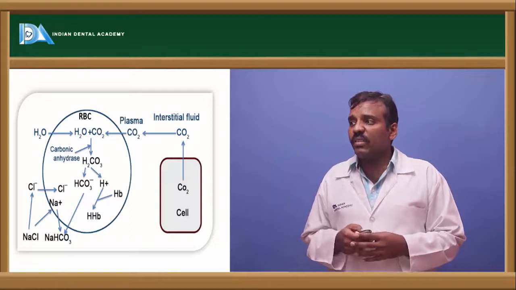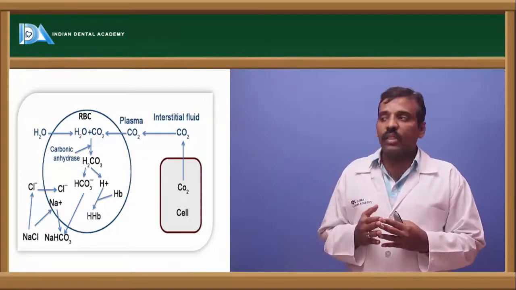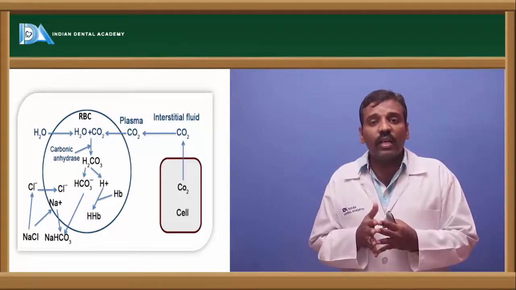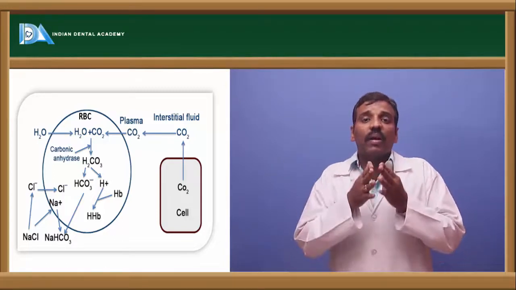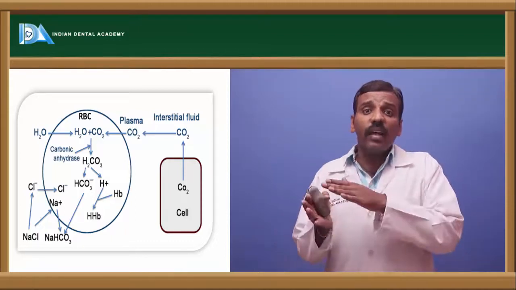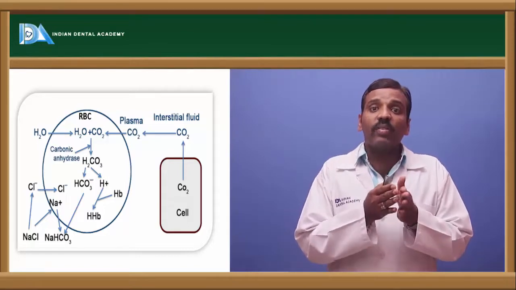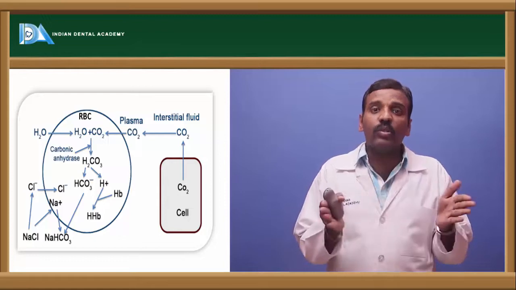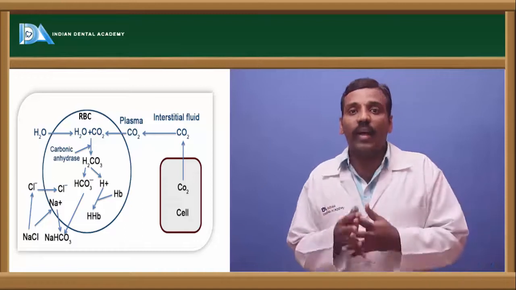And if you see this diagram, we will come to know how the carbon dioxide comes out of the cell and comes inside the RBCs and binds with the hemoglobin, and immediately there is a chloride shift. Plenty of sodium chloride is present in the plasma. When carbon dioxide comes inside the blood, immediately the sodium chloride is dissociated and divided into sodium ions and chloride ions.